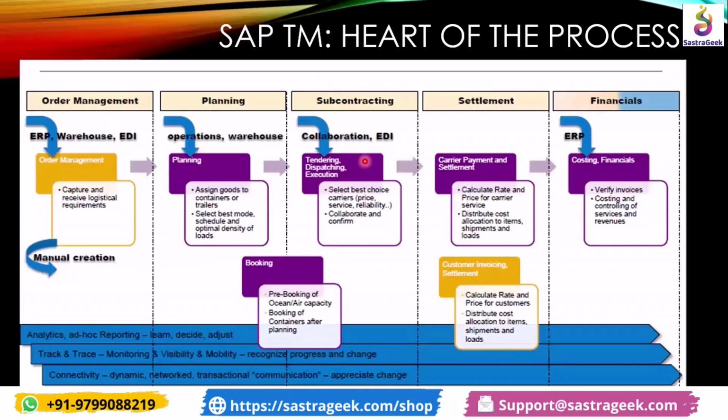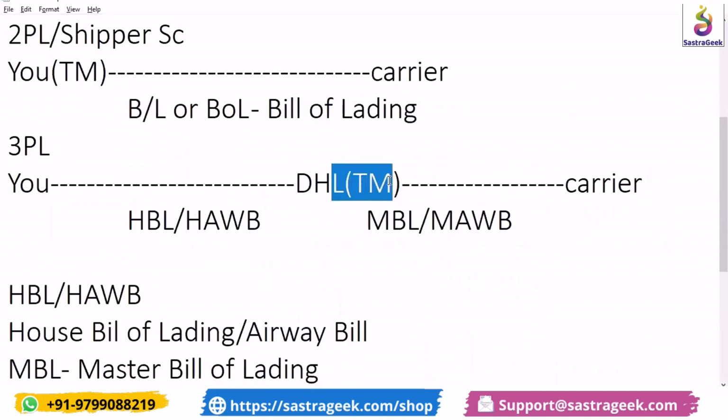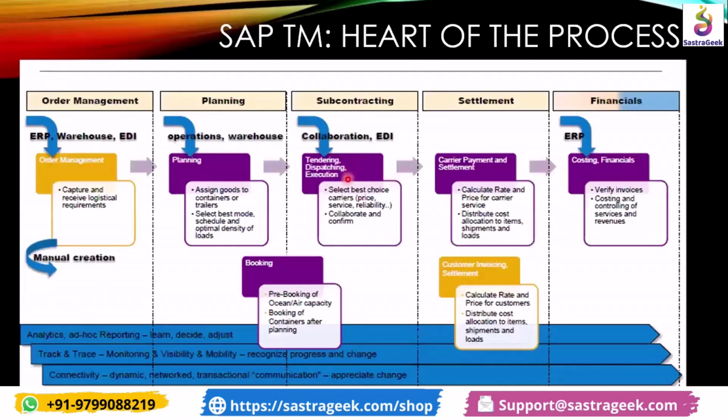Ultimately, to pick the best carrier, it is my execution team's responsibility to take care of that and identify the best carrier. And this carrier would definitely be selected based upon whatever attributes a DHL person would consider.